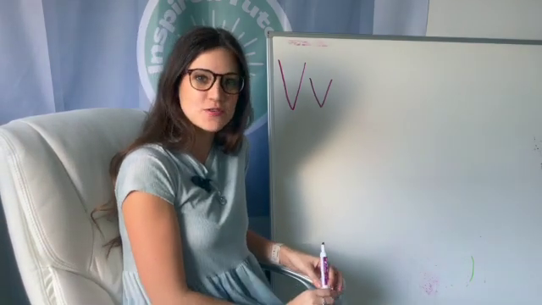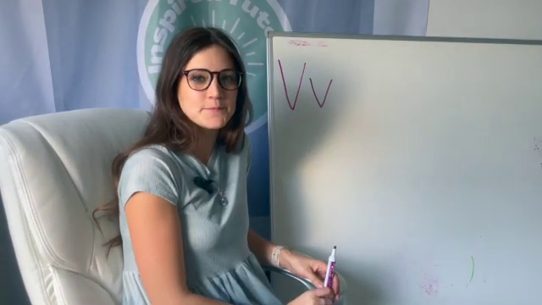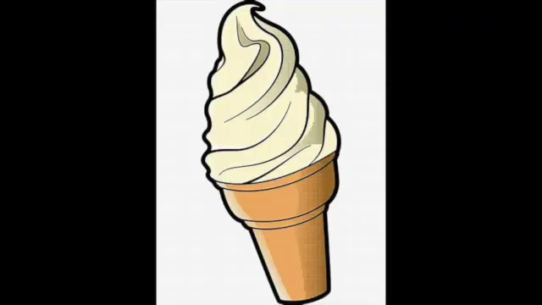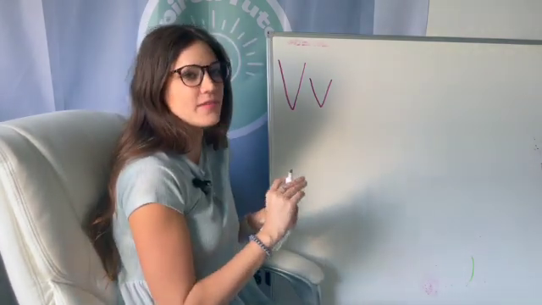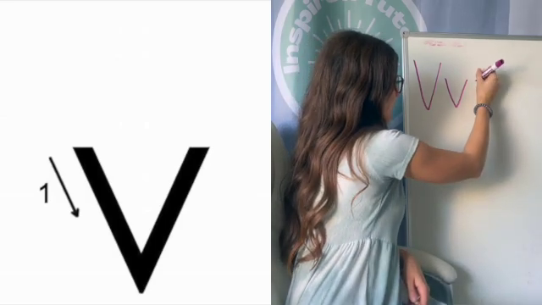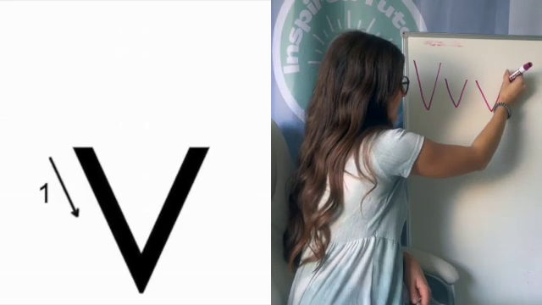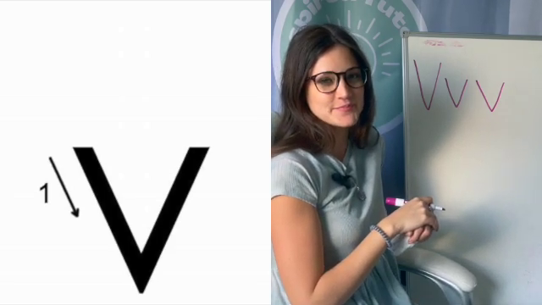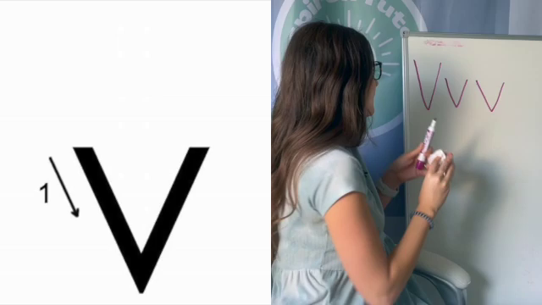Can you think of a word that starts with a V? What about vanilla ice cream? All right, let's try and trace it on the screen. We're gonna go down at a slant and back up. It's pretty easy. You try. All right.